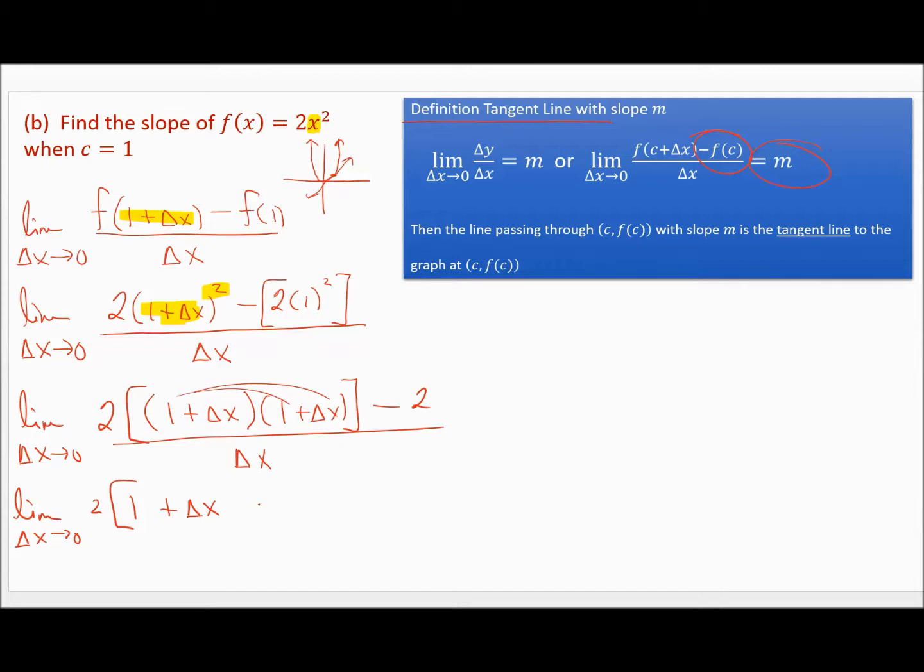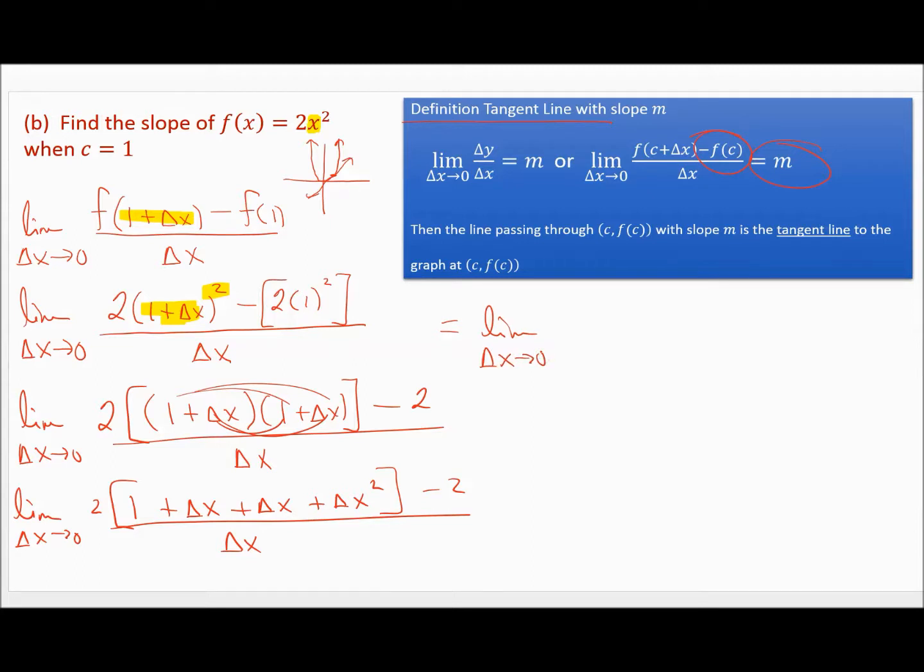It's delta x, and it's termed the change in x. So another delta x, and then this is delta x squared. Remember that's just the one thing squared, minus 2. And that's all divided by delta x. The very last step will be taking the limit. So right now I just continue to write that limit in front so I don't forget about it.